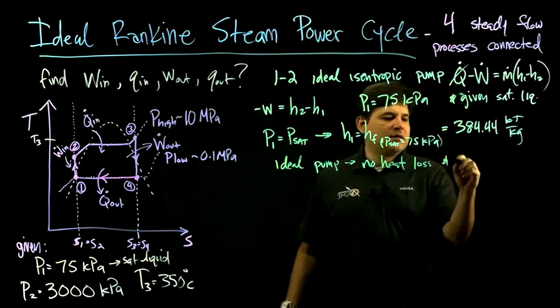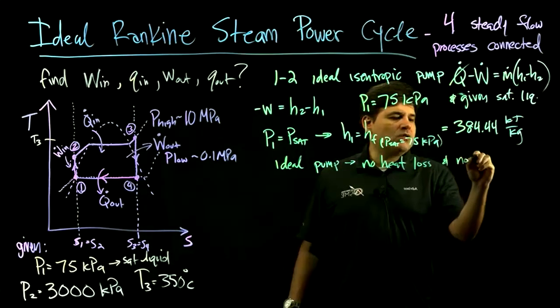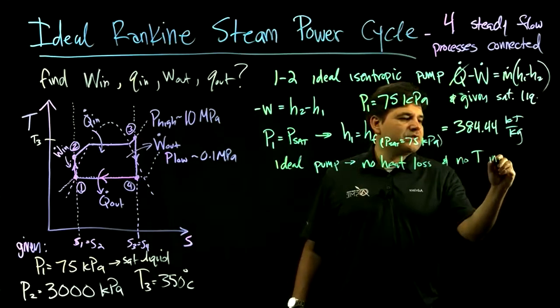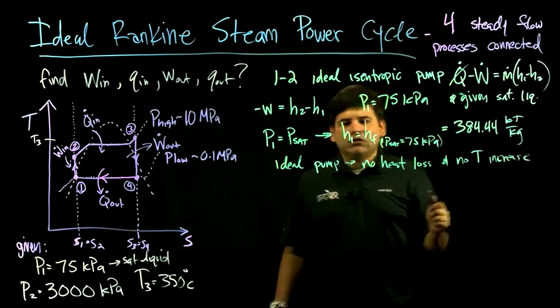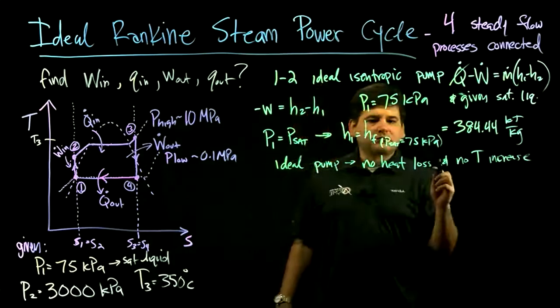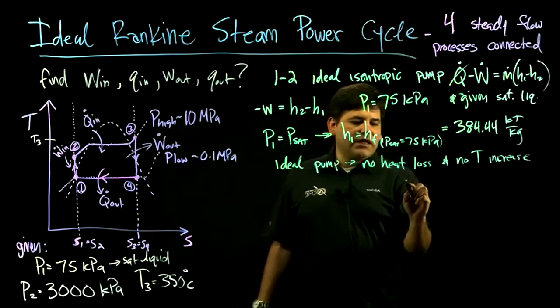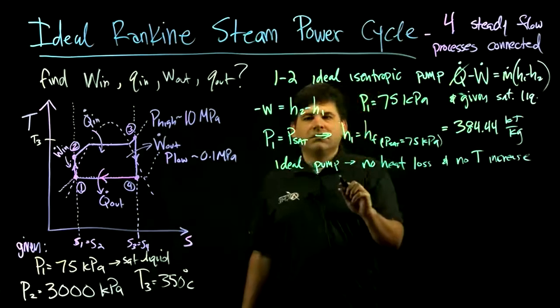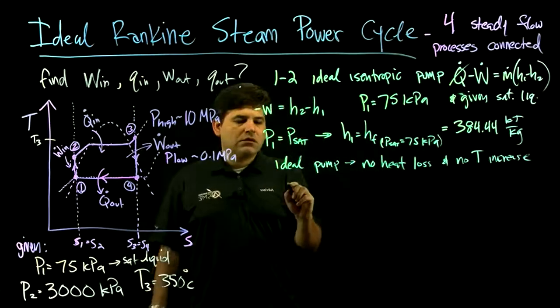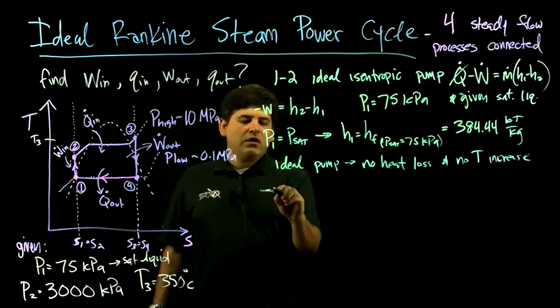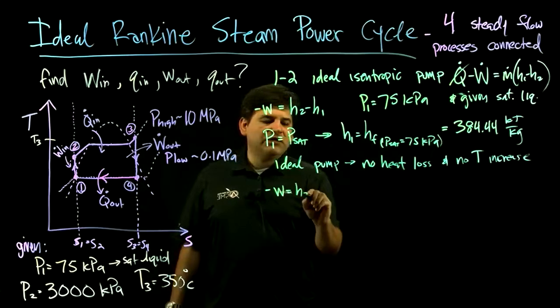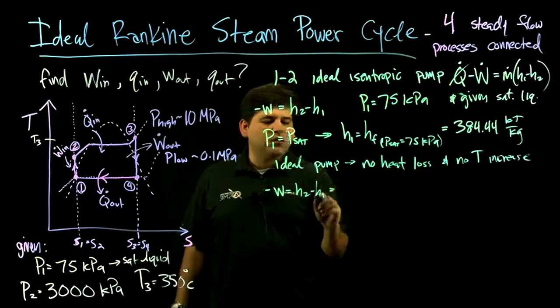And no T increase, so there's no delta T. So delta H, negative work equals H2 minus H1.